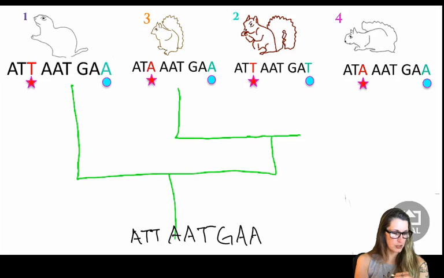Let's look at the first codon. Okay, we have a change here. And then let's look at our third codon. No change here, that's the same. All right, we had to have one change to get from our ancestral sequence to our gray squirrel.